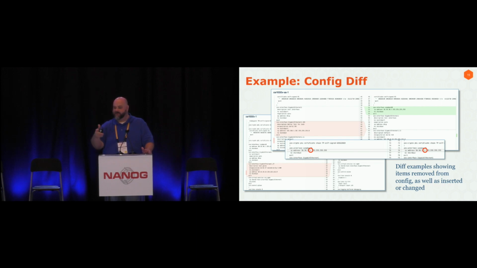The green and the red highlighted in the other image there, the green is a config block that was inserted into the device. Red is one that was removed. So it just gives you a quick, very visual way of seeing what's changed across your maintenance activities. It's important to be able to see this so you can easily decide whether you need to roll back or not.